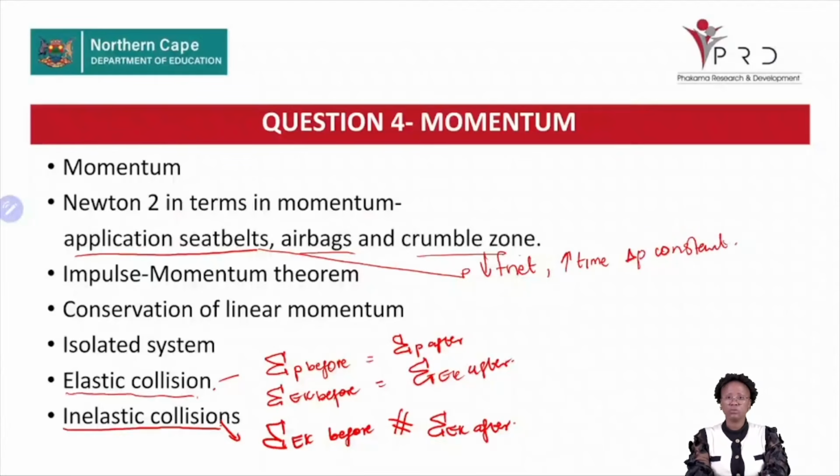So if they ask you what is the use of seat belts, airbags, or crumple zones, you must know that they are there to increase the time of impact during a collision, and by doing that, the force or the F net decreases while the change in momentum remains constant.